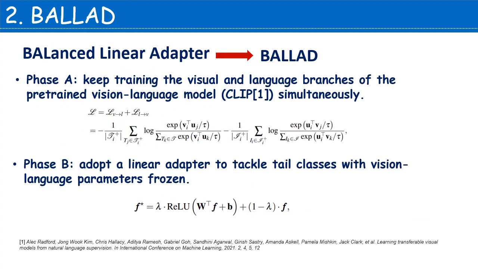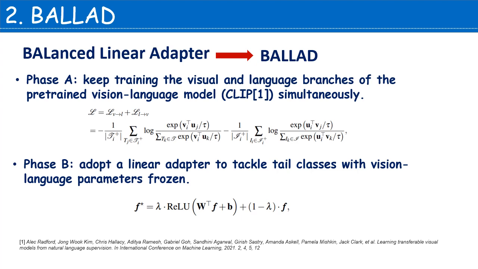Therefore, we introduce the balanced linear adapter method, which can be abbreviated as BALAD. In phase A, we keep training the visual and language branches of the pre-trained vision language model such as CLIP simultaneously. We use both the vision-to-language and language-to-vision contrastive losses as the training objective.